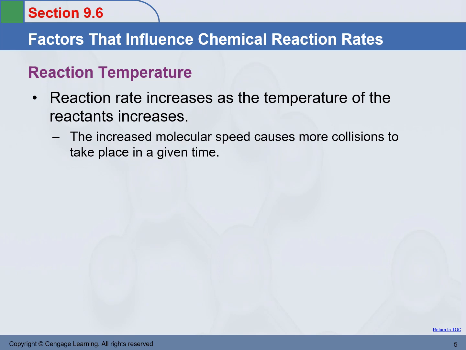Number two, when temperature is higher, particles have higher kinetic energy, so more of those collisions will be able to overcome the activation energy. So both factors result in the higher reaction rate. Higher temperature, faster reaction.